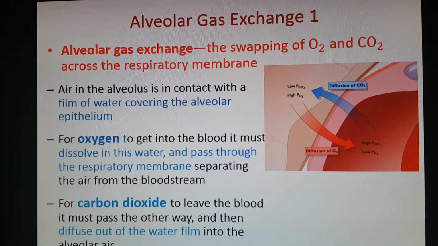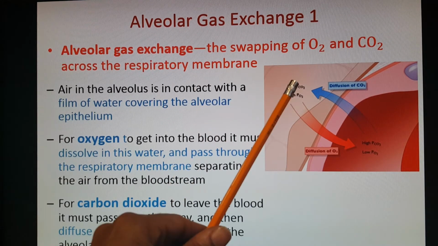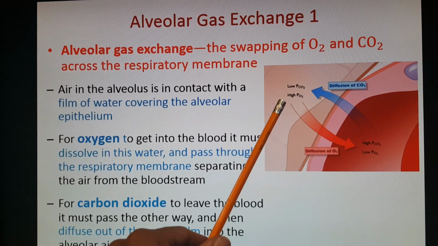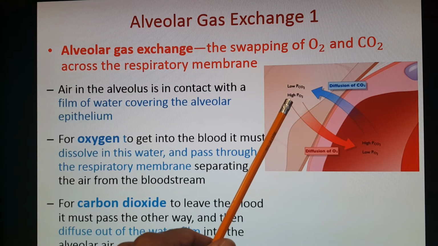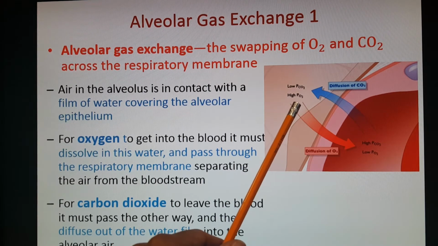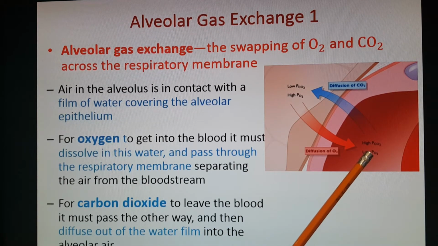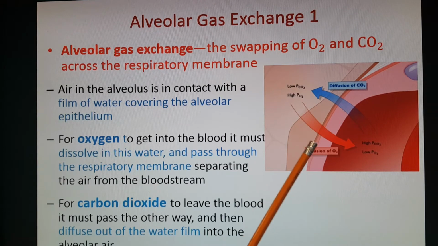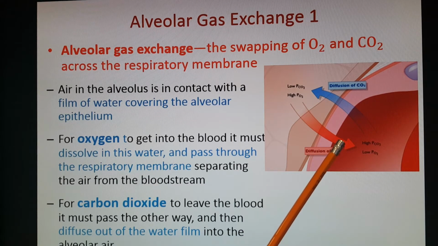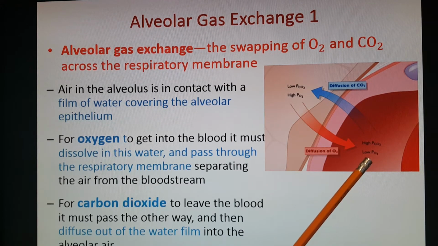In order to do this, you have air that you've breathed in, which has a higher concentration of oxygen, which drives oxygen to go from a higher partial pressure of oxygen in your alveoli, diffusing across the respiratory membrane to the area of lower partial pressure of oxygen in your capillaries.